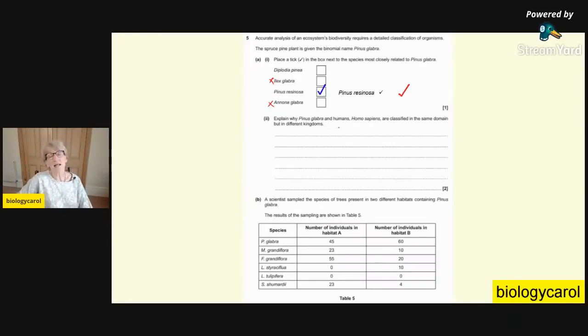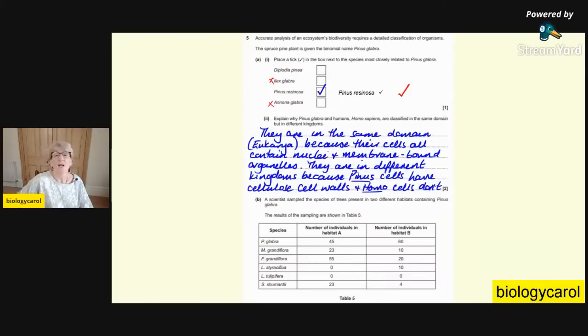Explain why Pinus glabra and humans, Homo sapiens, are classified in the same domain, but different kingdoms. They're in the same domain because they're both in Eukarya, because their cells contain nuclei and membrane-bound organelles. They are in different kingdoms.